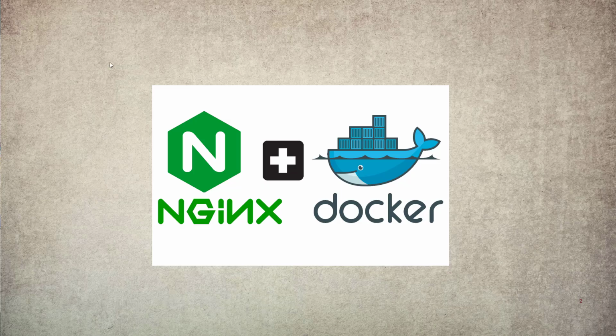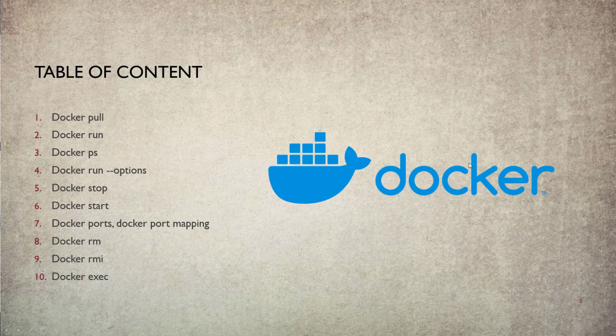And some of the Docker commands we'll be looking at today are docker pull, docker run, docker ps, docker stop, start, docker pods, docker remove, docker remove image, and docker exec.